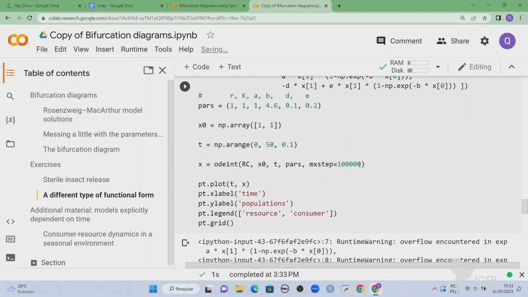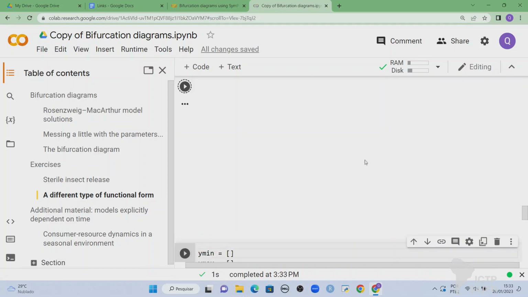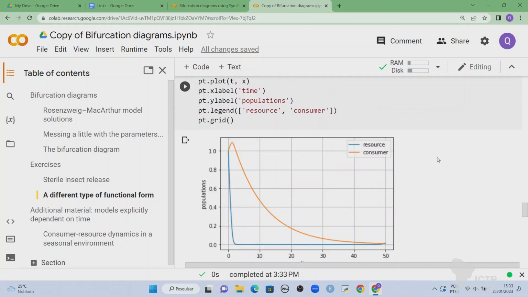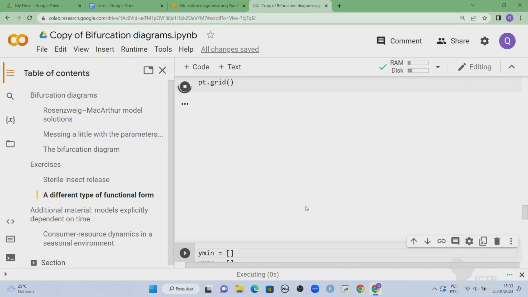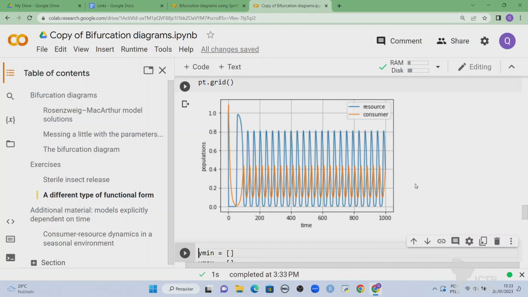Okay, I think this solved the problem. Let's see. Yeah, this solved the problem. I'll go back to this at some other time, because this is a practical problem.